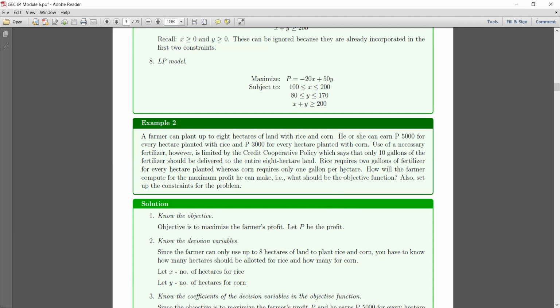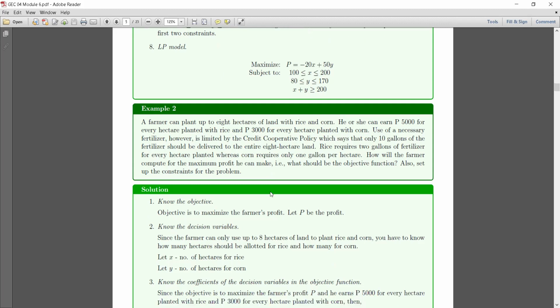So again, ano yung kailangan natin dito? Mina-maximize natin yung profit natin. Okay? So ano yung mga variables natin for profit? So now dun sa problem natin, first, meron lang tayong up to 8 hectares of land. Ibig sabihin, kapag magtatanim tayo ng rice tsaka ng corn, hindi tayo pwedeng lumampas dun sa 8 hectares.